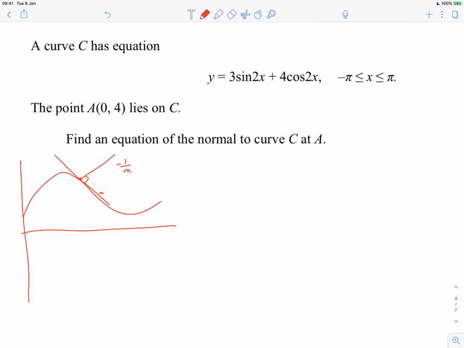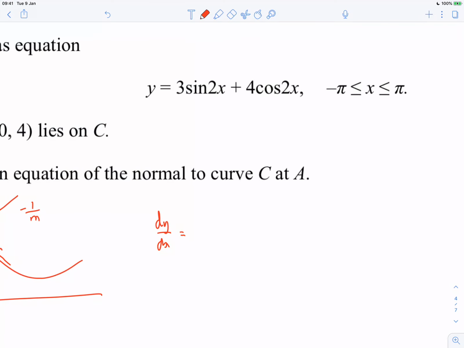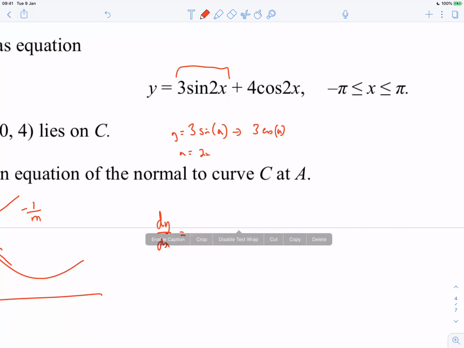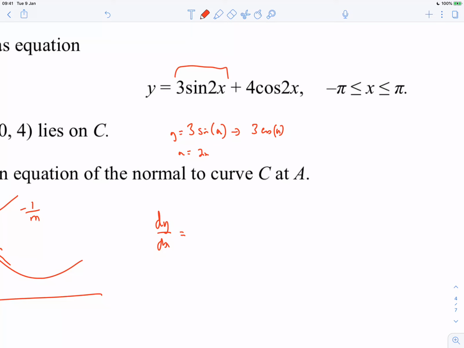So first things first, dy by dx is going to be, now I've got 3 sine of 2x. So that's going to be 3 lots of sine of, let's say, a, where a is 2x. Chain rule again. 3 sine a is going to differentiate to 3 cosine of a, and 2x is just going to differentiate to 2.